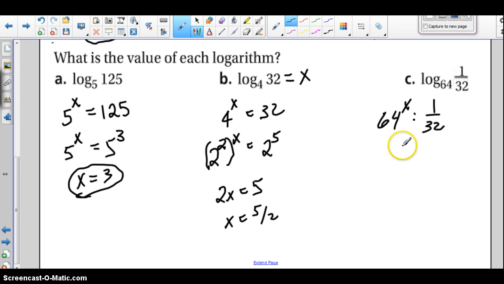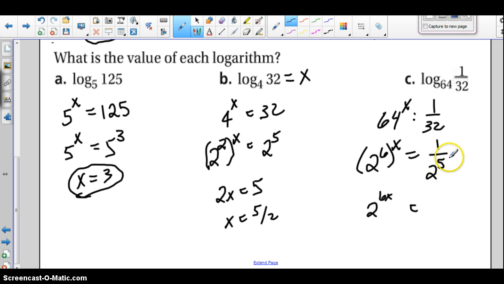So let's go ahead and think about this one for a second. I'm going to rewrite 64 in its most basic base. And if you recall, there were a couple numbers, especially 2, that come in awfully handy when writing logarithms. We said over here that 2 to the 5th was 32, so this is probably going to be 2 to the 6th. And then I'm going to write this as 1 over 2 to the 5th. Now, over here, power to a power, you multiply the exponents.